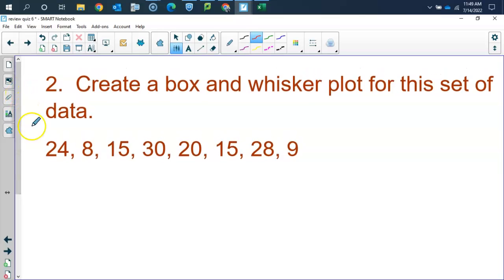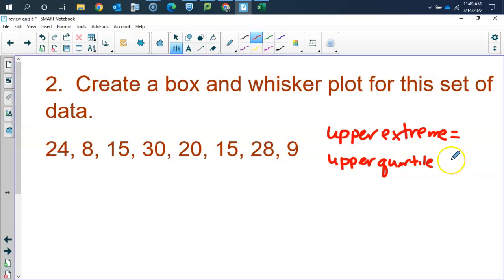So I will remind you that the things that you should have for all of your box and whisker graphs are upper extreme, upper quartile, which is Q sub U or Q sub H. It's an H. Your median, which is called Q sub M or Q sub 2, second quartile.